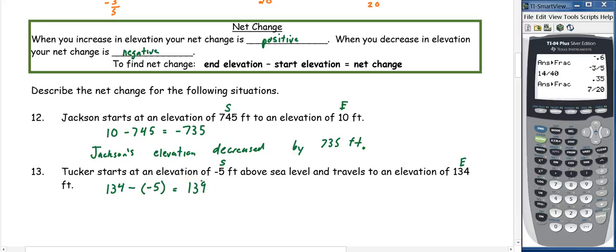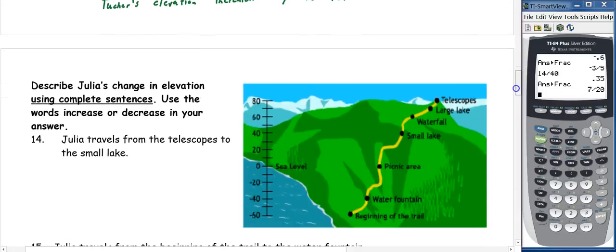Because my elevation is positive, that means I have an increase. So we would say Tucker's elevation increased by 139 feet.